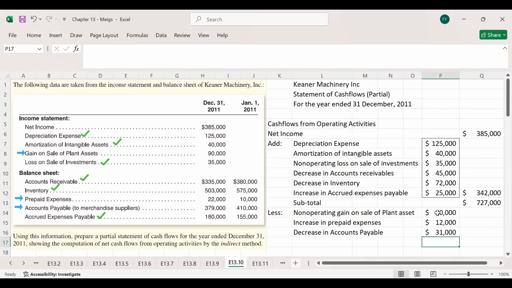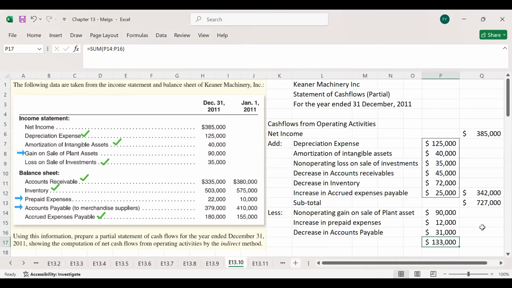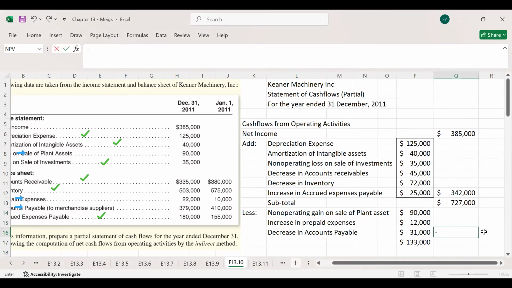So the total decrease is 133, and we deduct it from the subtotal, which is $133,000.